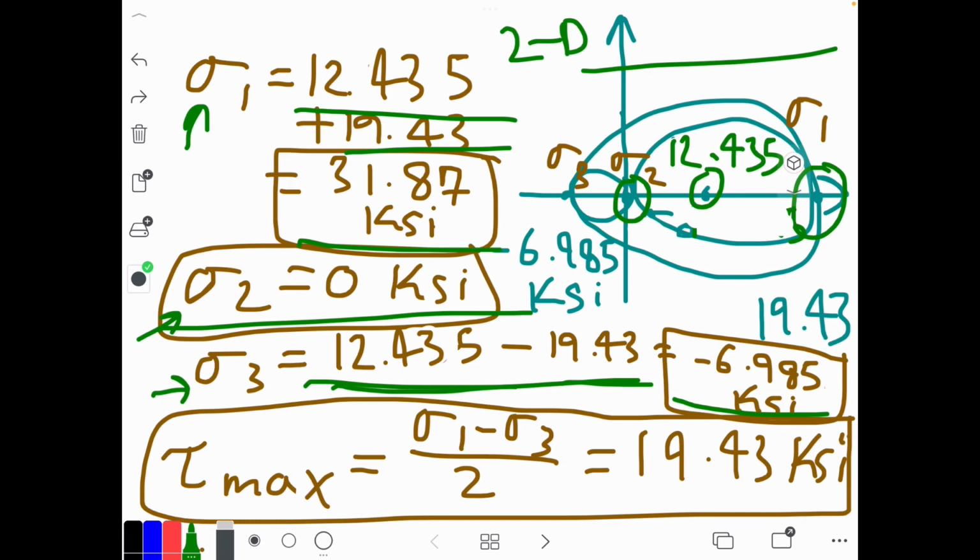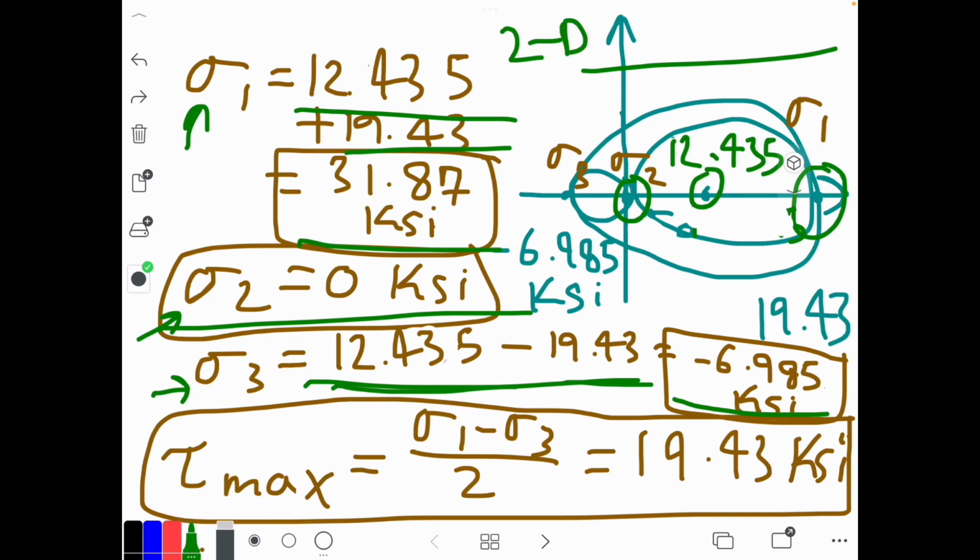Since our lowest one is negative, sigma 2, which is supposed to be in the middle, should be 0, because it's between the negative value and the positive value. Therefore, sigma 2 is 0 ksi, not the value we just calculated. That value, negative 6.985, is our sigma 3, the lowest stress of all. So sigma 1 is 31.87 ksi, sigma 2 is 0 ksi, and sigma 3 is negative 6.985 ksi.